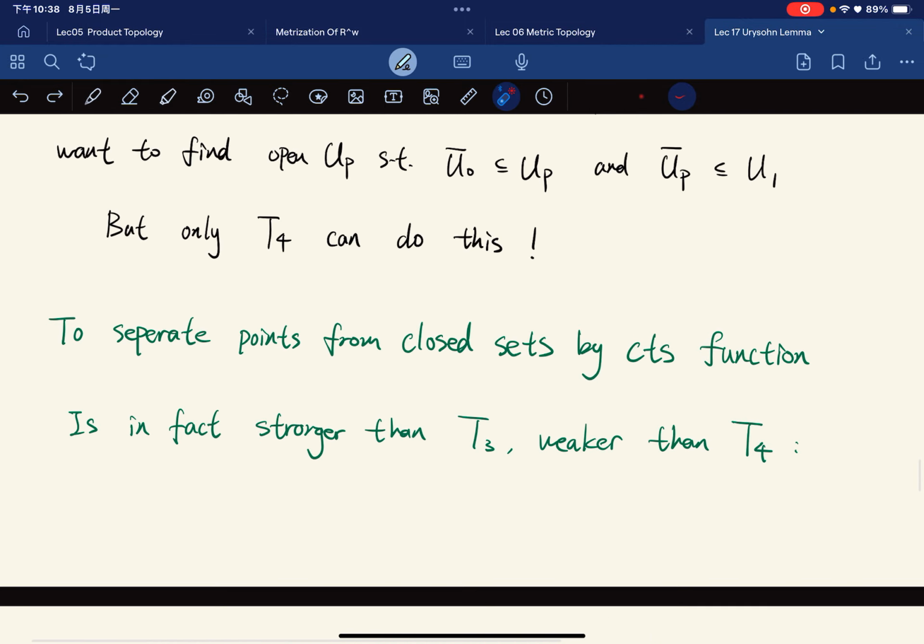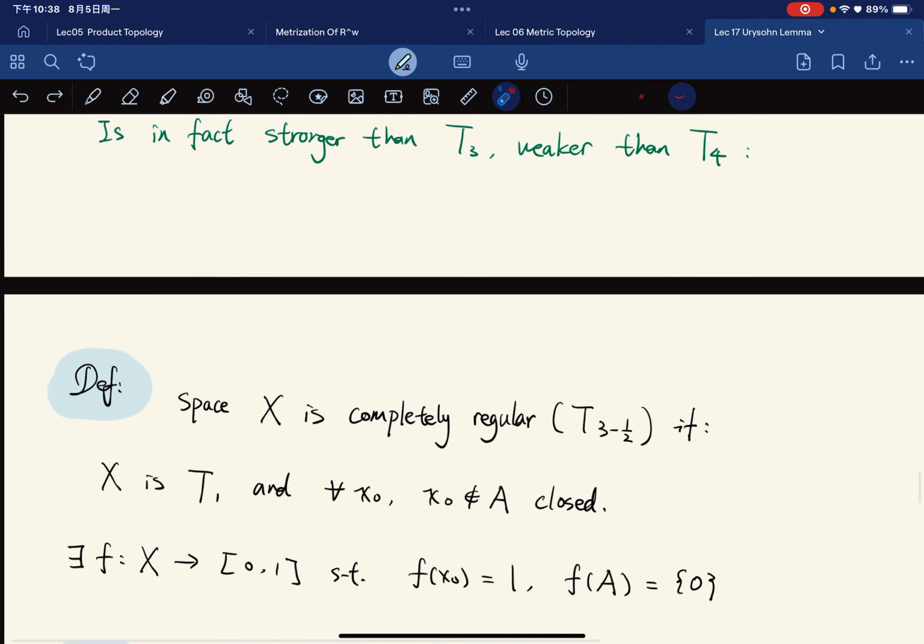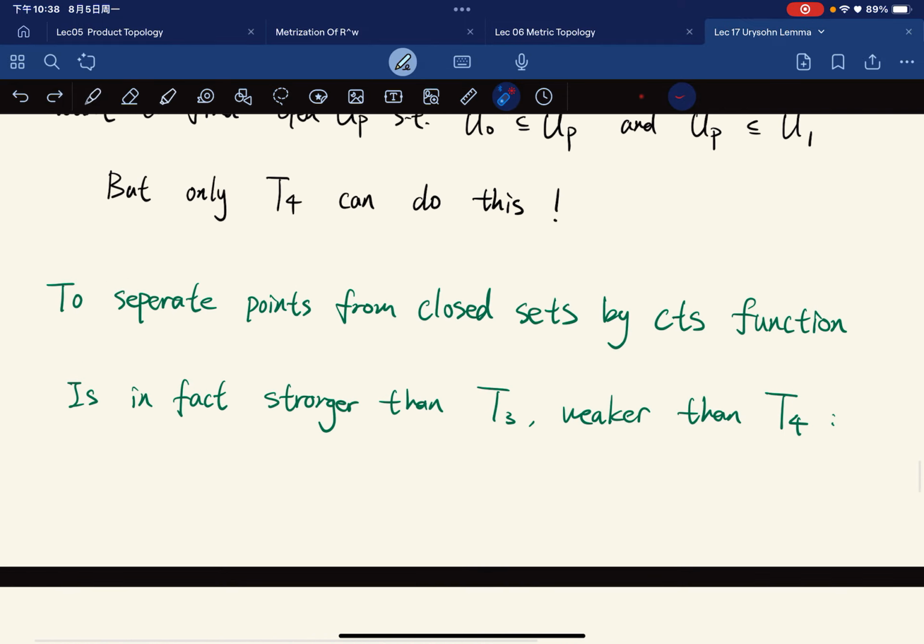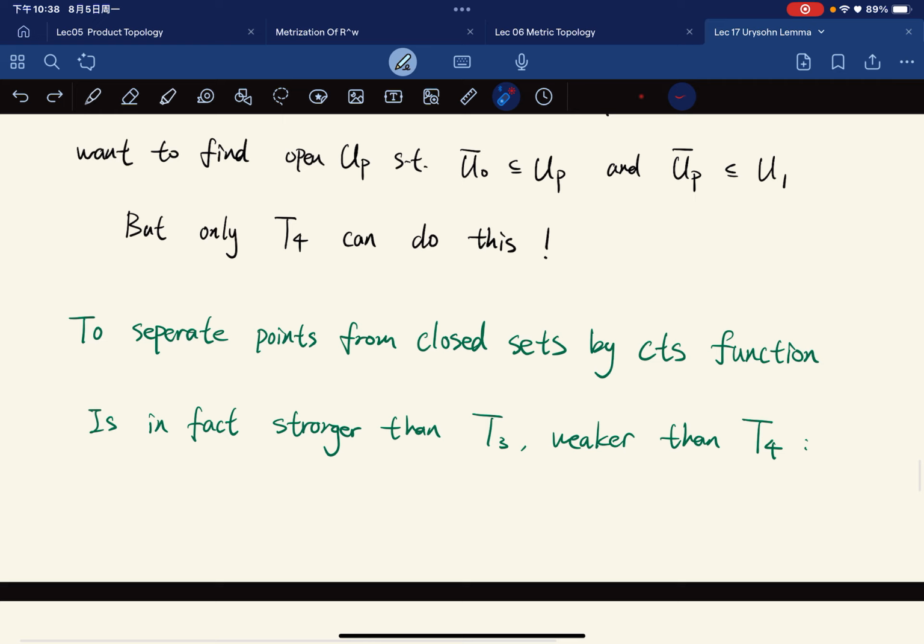To separate points from closed sets by a continuous function is in fact stronger than regularity and weaker than normality. If we can separate points from closed sets by a continuous function, then we can separate them by open sets, right?